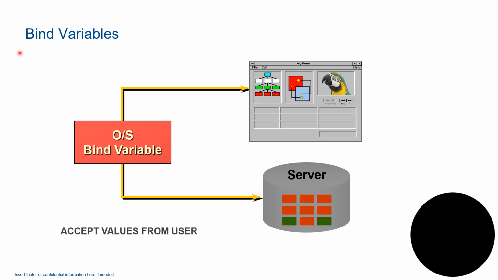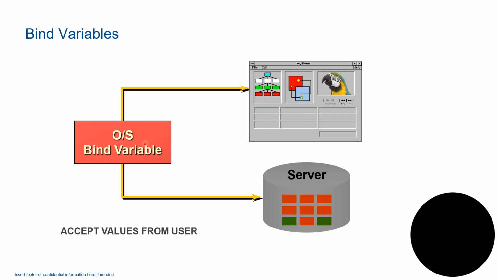Now bind variables. We have talked about all the scalar data types. Now we will talk about the non-PLSQL data types. So these are bind variables. Bind variables are nothing but they accept values from the user.